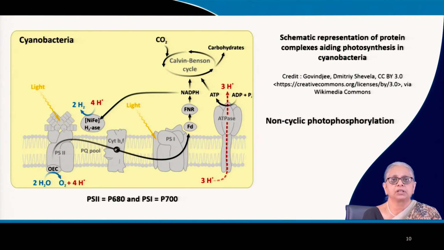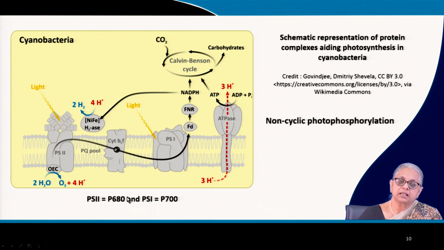Now, anoxygenic photosynthesis happens by cyclic photophosphorylation. But what we are all more familiar with is oxygenic photosynthesis, which happens by non-cyclic photophosphorylation. Non-cyclic photophosphorylation is based on two photosystems instead of one. We have photosystem 2, which is based on P680.